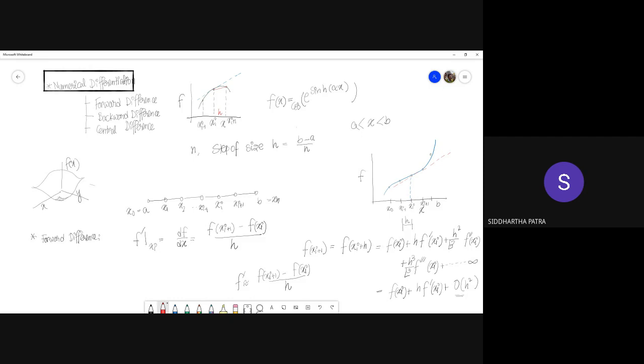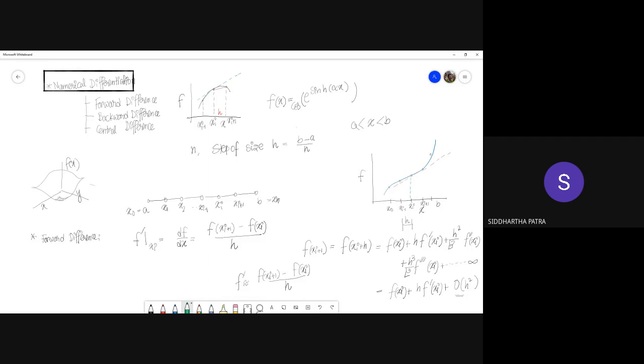But anyway, you can imagine if h is of the order of 10 to the power minus 2, this is of the order of 10 to the power minus 4, and sometimes that may be more error than you would expect. Now you can imagine what would be your backward difference.